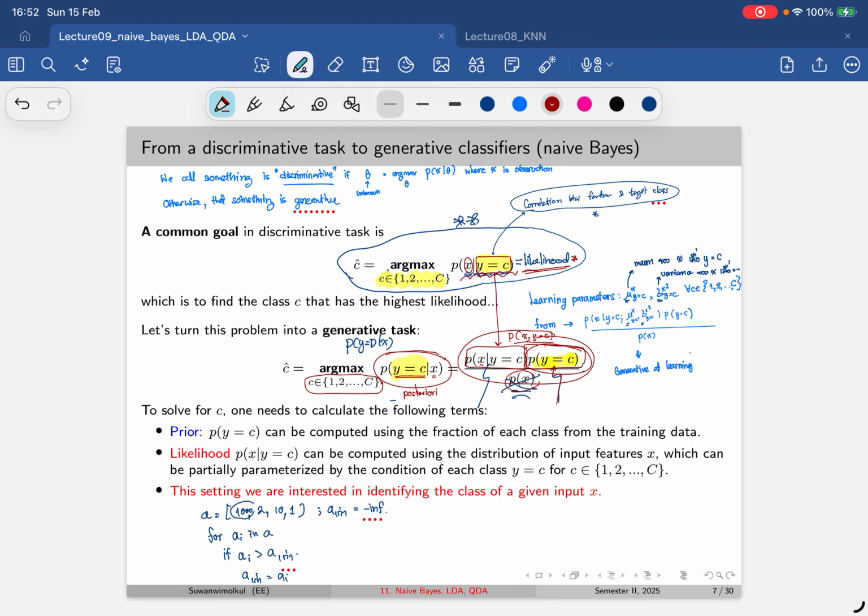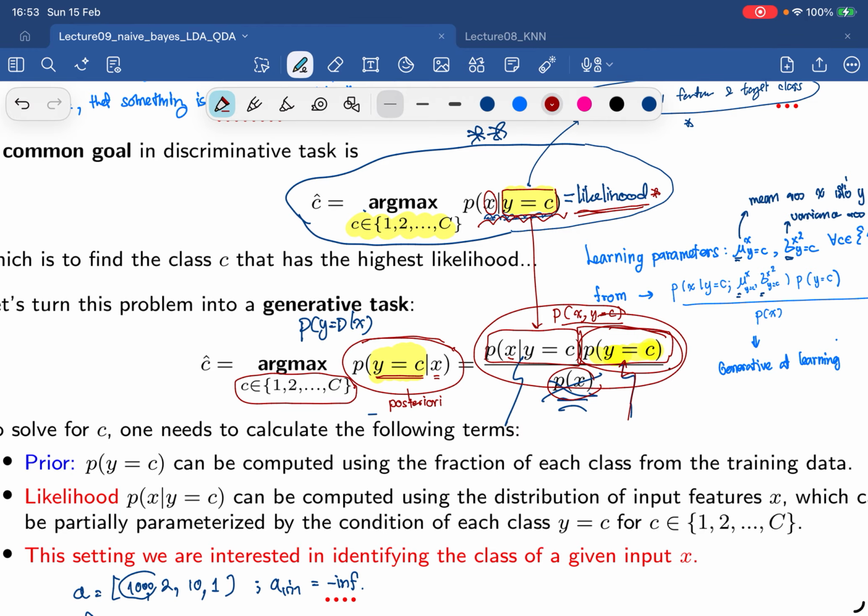So actually, if we know the prior, we can turn this likelihood into this posteriori function. And it's actually better, because it gives us an additional hint of what our target could be.